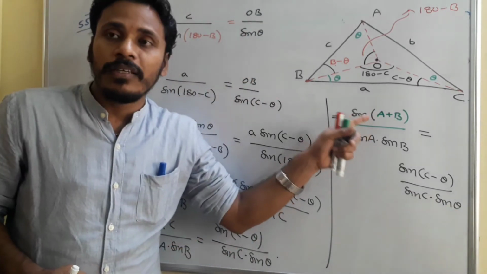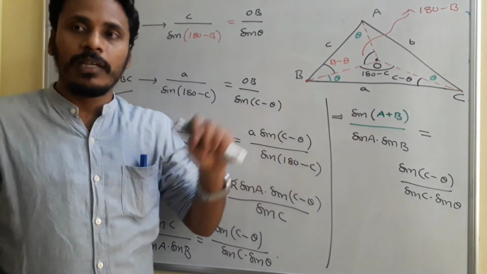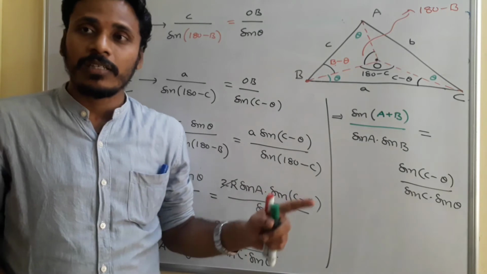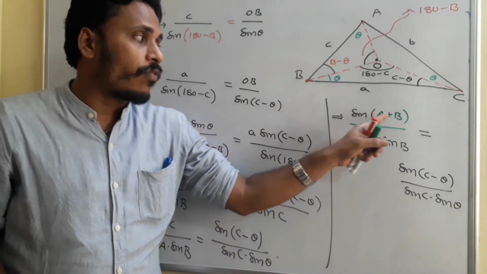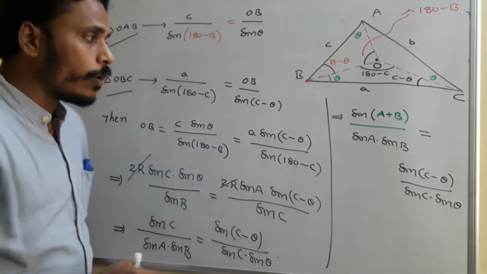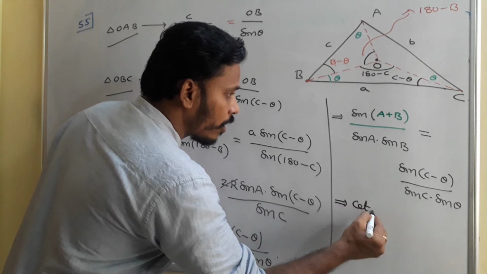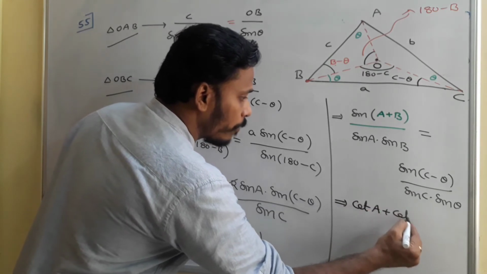Sine of a plus b is sine a cos b plus cos a sine b, divided by sine a into sine b. Just as we discussed in the last class again, sine of a plus b is sine a cos b plus cos a sine b. If you divide that with sine a into sine b, you are left with cot a plus cot b.